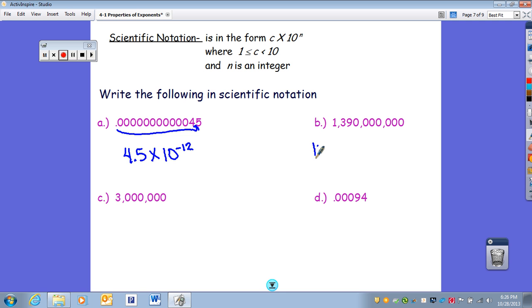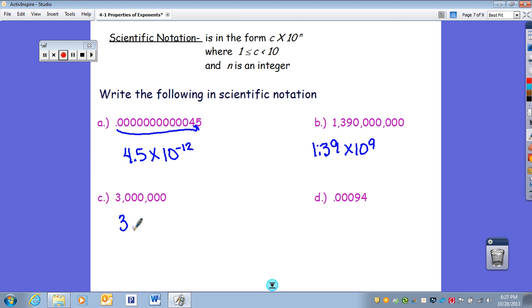For letter B, we're going to move our decimal between the 1 and the 3 to give us 1.39 times 10. I moved the decimal from the end 9 places, and because the 9 describes that I want to move my decimal to the right 9 places to get back to my original number, it will be positive.